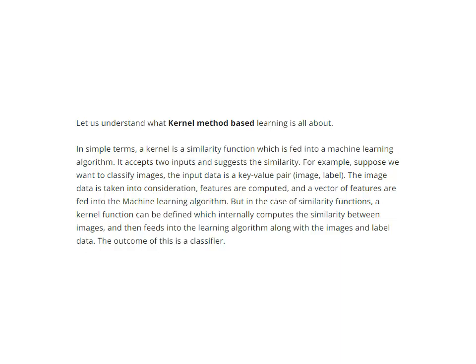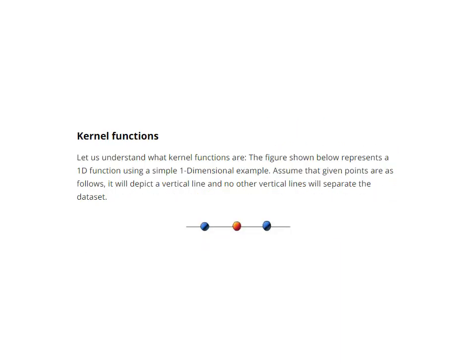This completely avoids the usage of feature vectors. This allows us to work with highly complex, efficient to compute, and yet high-performing kernels effortlessly without really developing multidimensional vectors. Let's understand what kernel functions are.